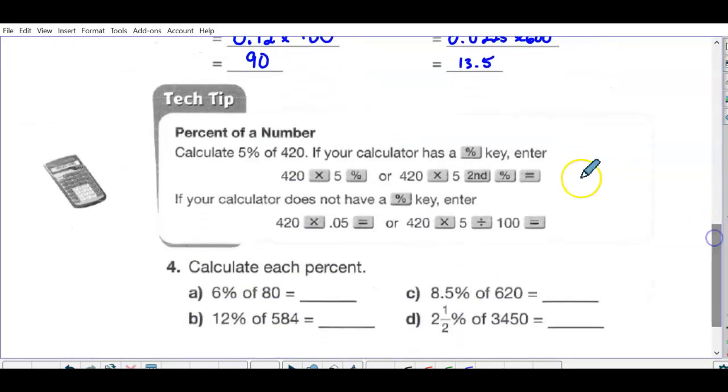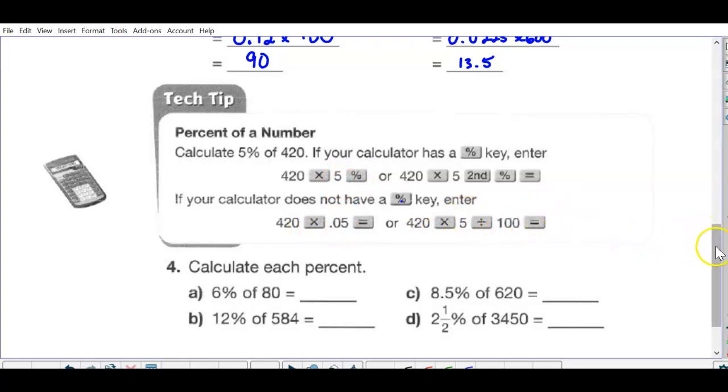Okay, then here's the tech tip in terms of multiplying. This is if you have a percent key, you can go 420 times 5%, or you can go 5% times 420, okay? Or some of you might have to use the second key, depends on your calculator. If it doesn't have a percent key, then you convert 5% to a decimal, multiply, or as I said, 5 divided by 100.